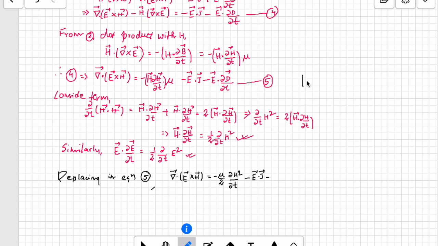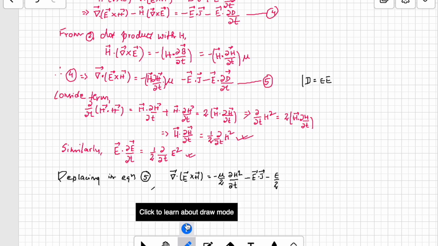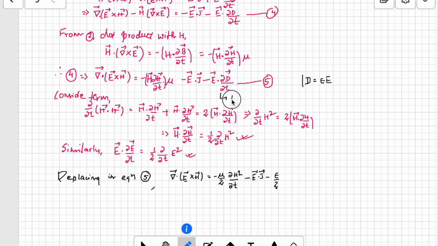If you remember this relation also, D is equal to epsilon E. So in place of D I can write epsilon E. If I replace it, I'll get epsilon by 2, because E dot del E del t, I can write as E bar dot del E del t into epsilon. Here also epsilon by 2, and E del E del t is nothing but del t of E square.